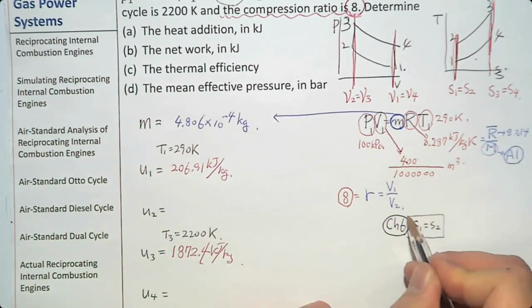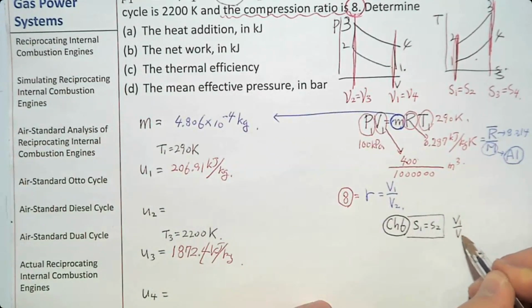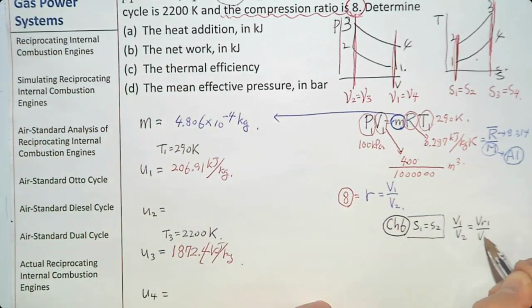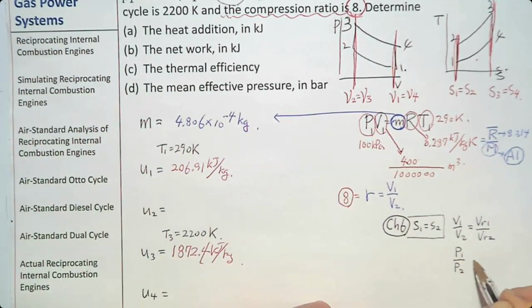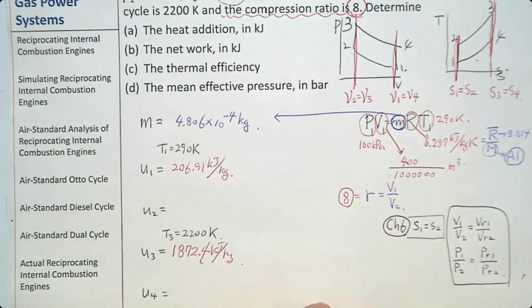V1 over V2 is VR1 over VR2, or P1 over P2 is PR1 over PR2. If you don't remember that, now you have this one here. Or go back to chapter 6 slide, you will find these two equations.